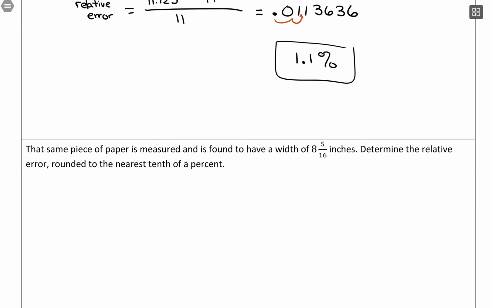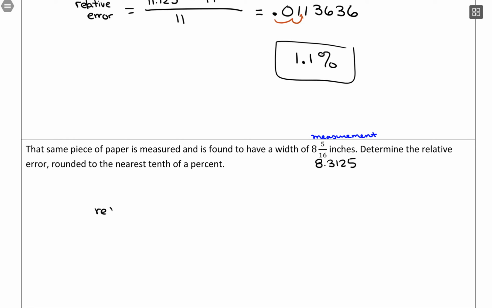All right, we're going to look at that same piece of paper. When we look at the width, we got 8 5/16 of an inch. So this is our measurement, where we expected 8. I'm going to get the decimal there, which if you put 5/16 into a calculator, should be 0.3125.